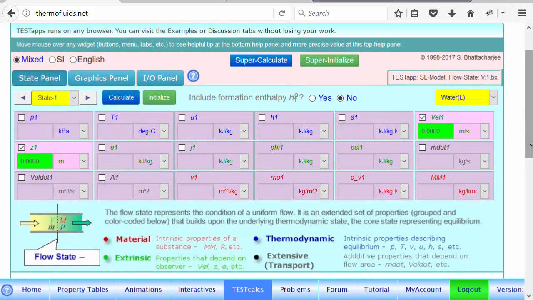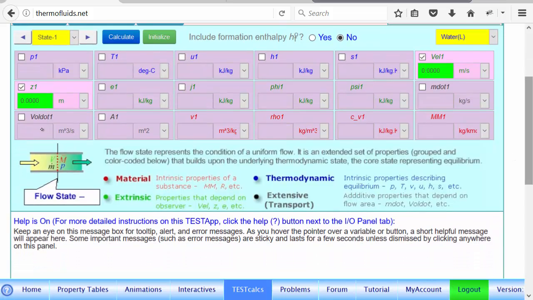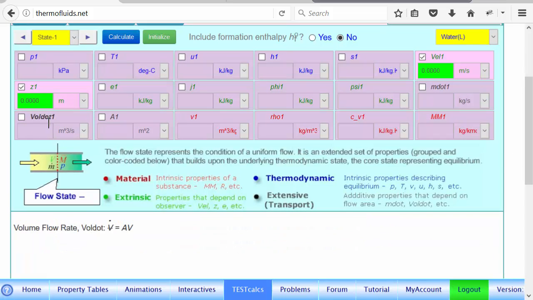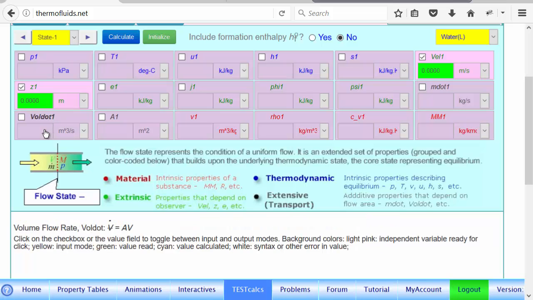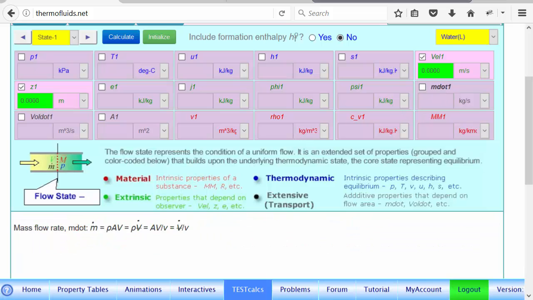Okay, so the state panel is displayed here. Again, a state is a collection of different properties, but unlike the system state, you will see that some of the properties are different here. For instance, m dot appears, vol dot, volume flow rate. As you put the pointer over, it explains the formula for volume flow rate, formula for mass flow rate, etc. So these are the properties of flow.